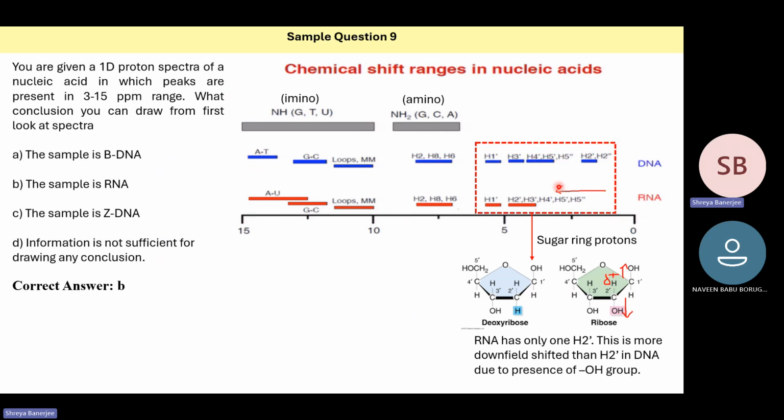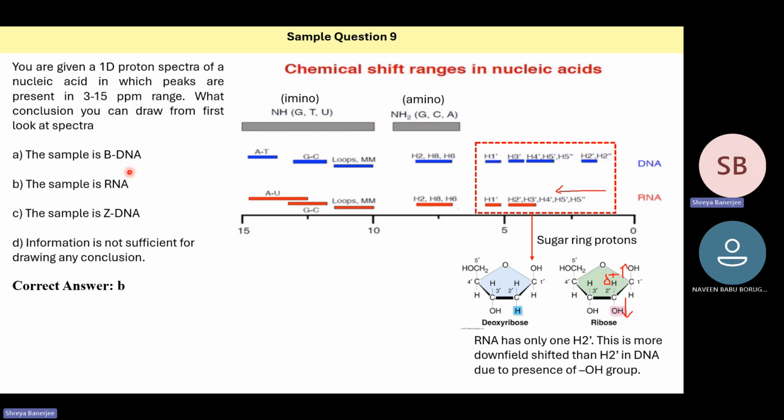But in RNA, because of this downfield shifting of the 2' hydrogen, the range starts from around 3.5 or 3 ppm. So here the range is starting from 3 ppm, so it must be RNA. Because in DNA, the range will start from much more upfield values due to the absence of this OH.